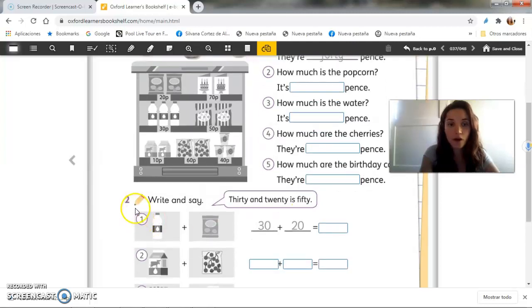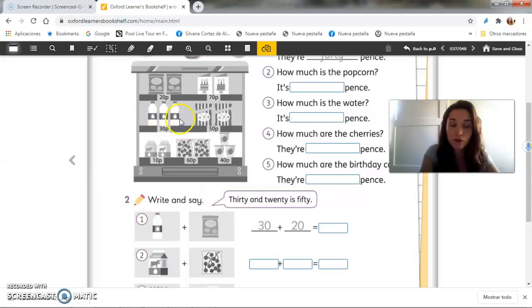Okay, and then you have to complete exercise 2. Write and say. Van a escribir las sumas de acuerdo a los precios de estos productos, observando el punto 1, van a escribir los resultados y después van a practicar decir esas sumas, ¿ok? So, for example, the water is 30 pence.